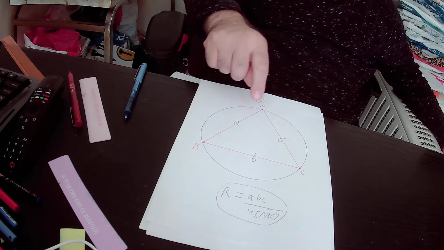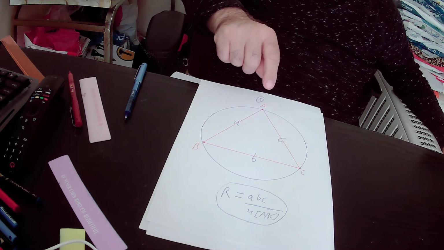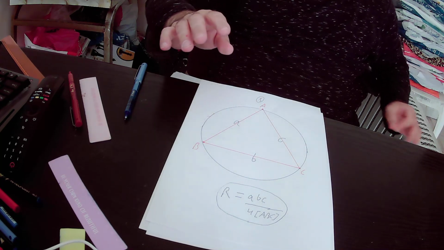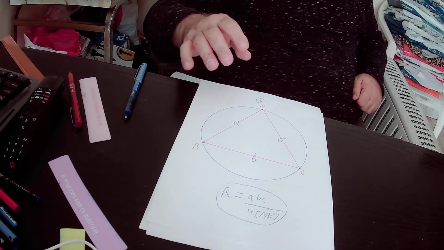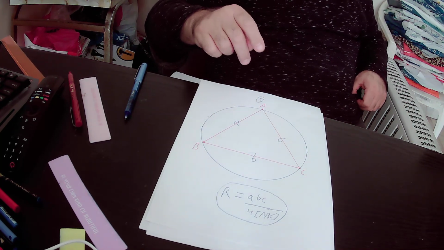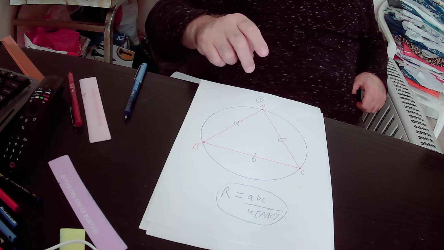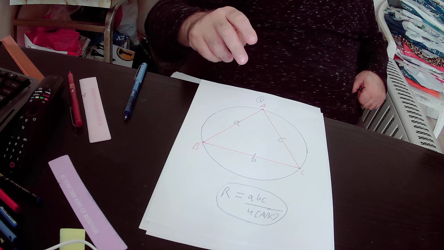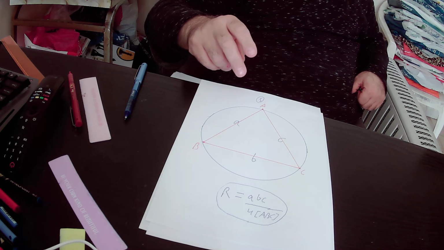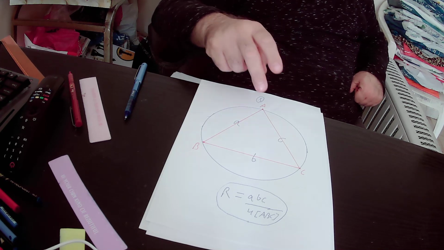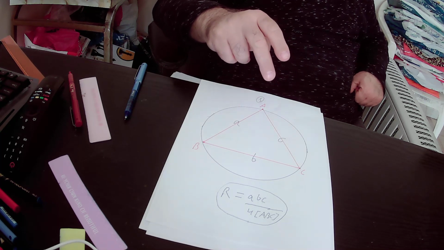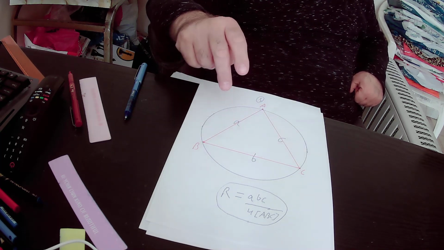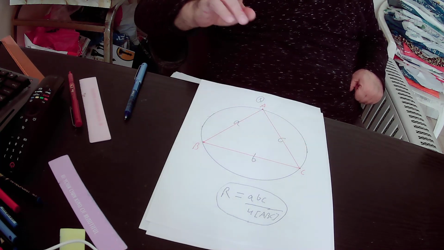It is actually A times B times C over 4 times the area of triangle ABC.